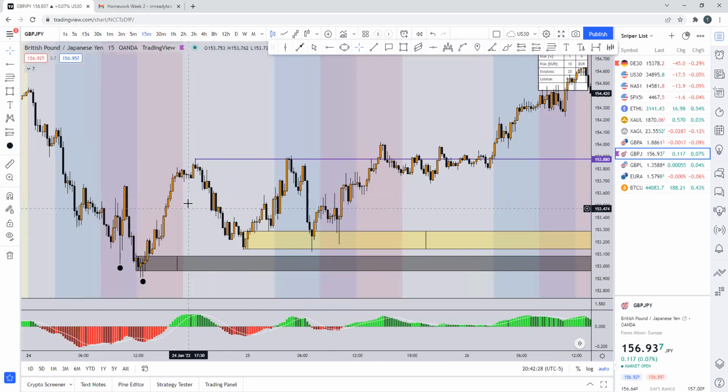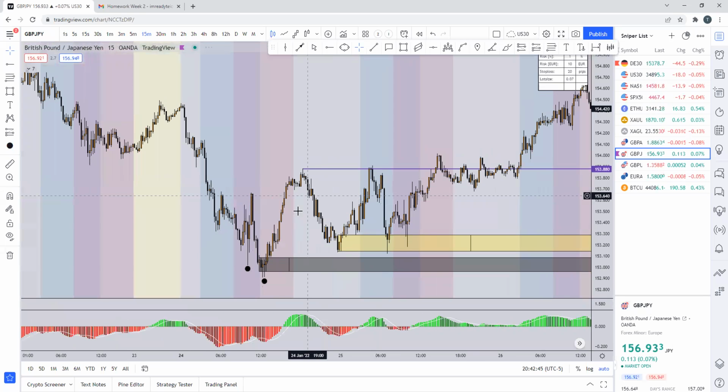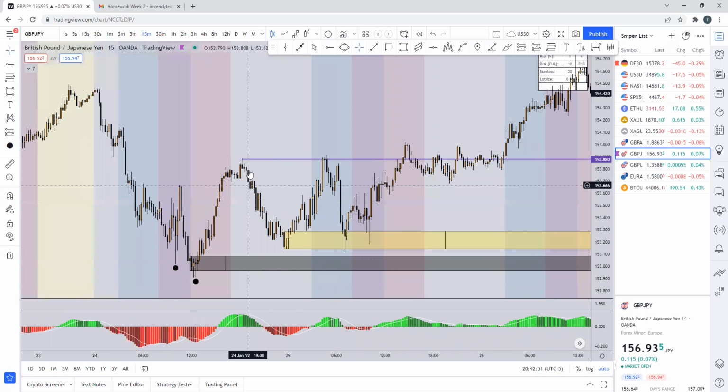So again, we're on the 15-minute right here. I'm telling you to go in the direction of the trend, but right here, this is the same move that we're looking at, just the opposite way. You have that right here, but it's on another time frame.